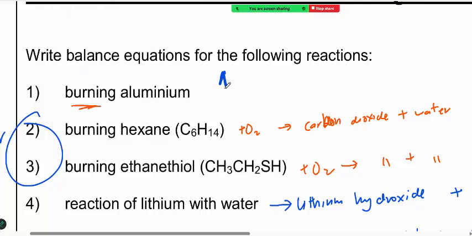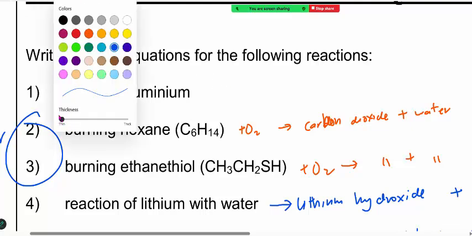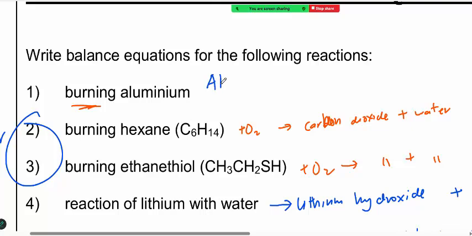Okay, burning aluminium, I told you already, aluminium is Al. Do you know aluminium is Al? Yes. Okay, burning, I told you just now, burning uses oxygen. Okay, and then I already told you it forms aluminium oxide.